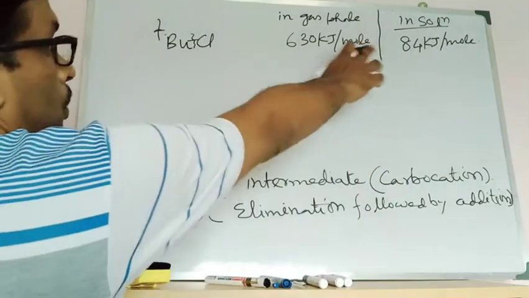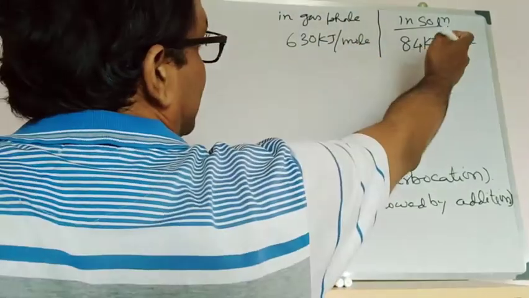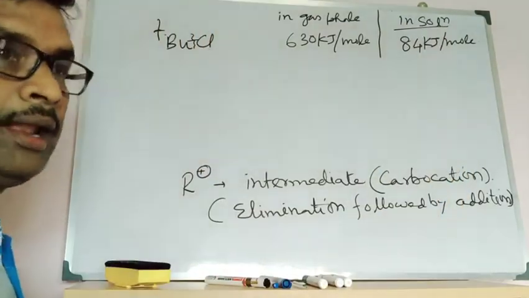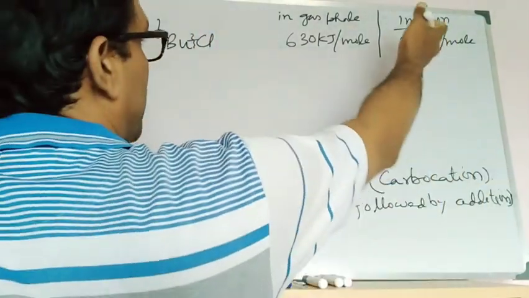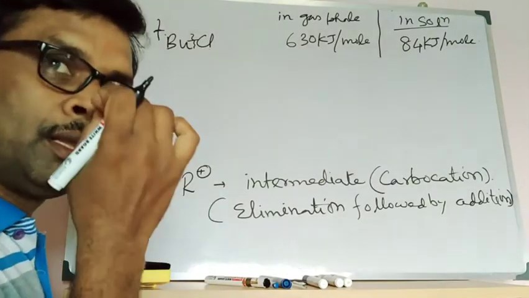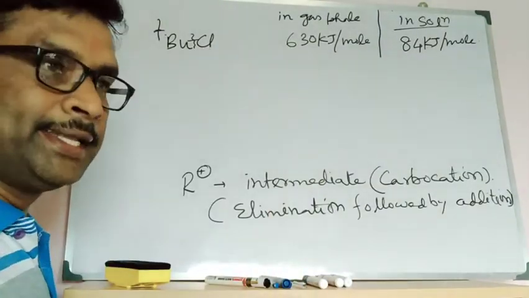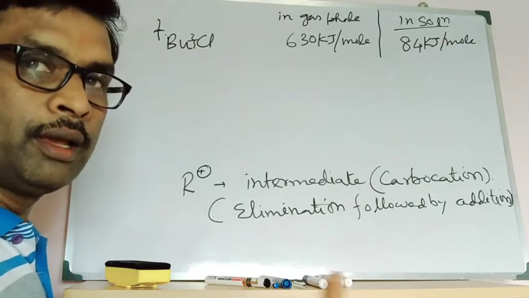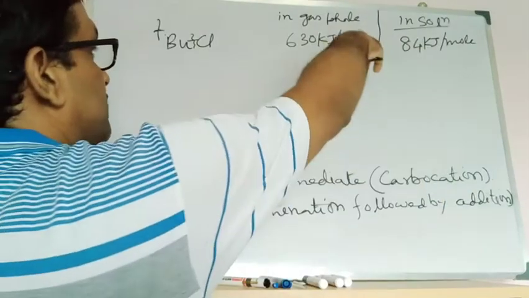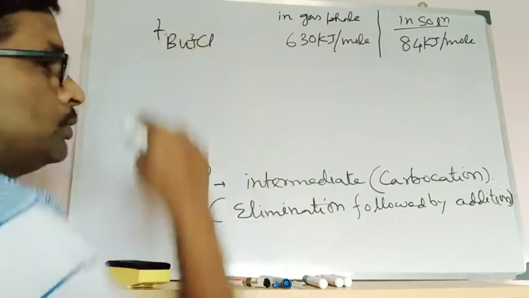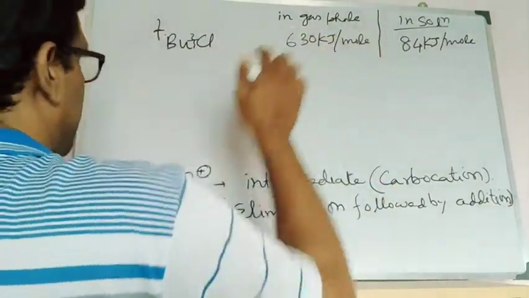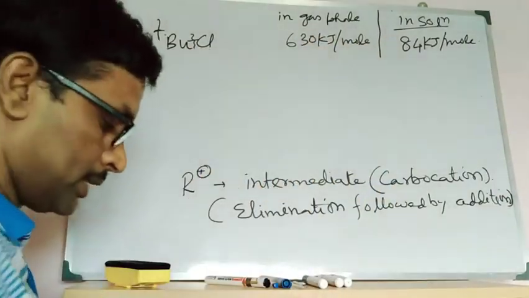Now in these cases, the intermediate, that is the carbocation, and the leaving group are both stabilized by solvation in presence of solvent. That's why the energy is compensated. The solvation energy compensates the required amount of energy to break this bond. We will discuss later what kind of solvation occurs there.